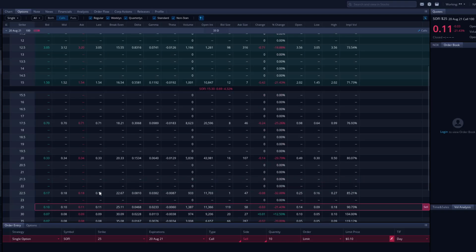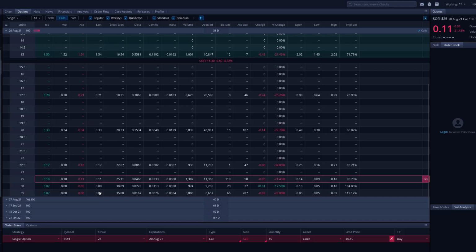Now, worst case scenario is that SoFi goes beyond $25 per share on August 20th. That would mean someone would pay you $25 a share for your 100 shares, whether it's $30 a share on the market, or $35 or $40 or whatever.